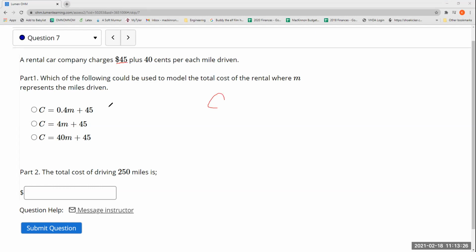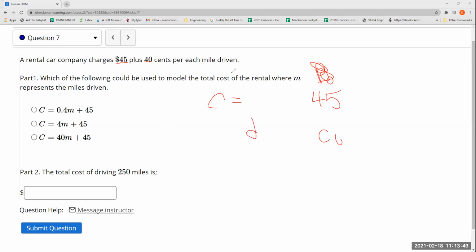So if I think about the cost, it's going to be linear because I'm growing by 40 cents every mile. So I'm starting at a cost of $45. This is our P0. In this case, we'd probably actually do well to think of this as C0.